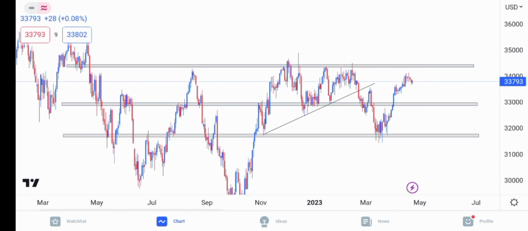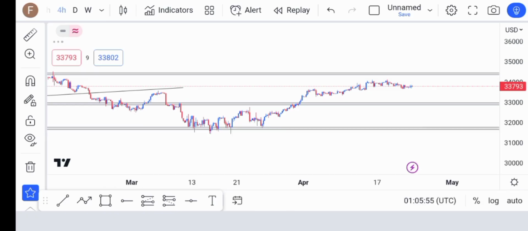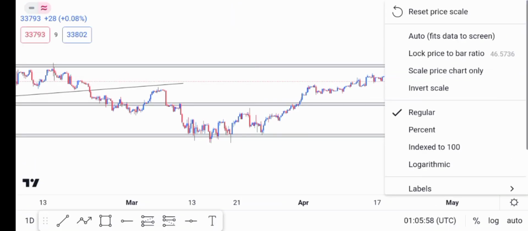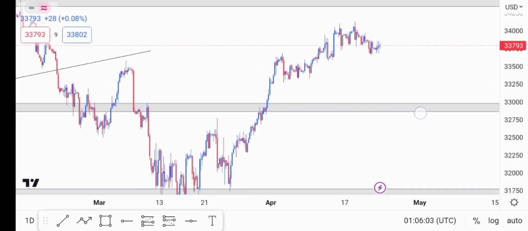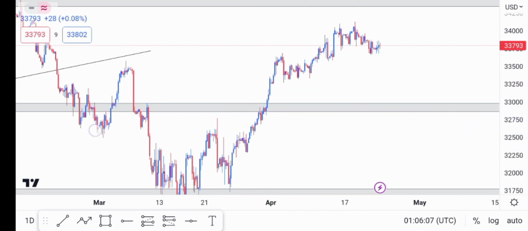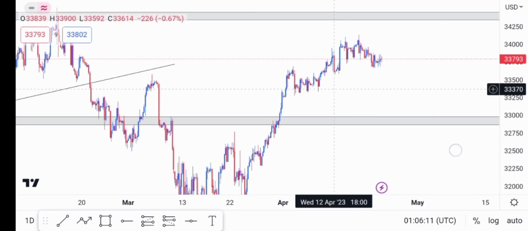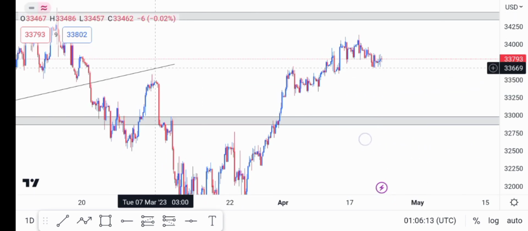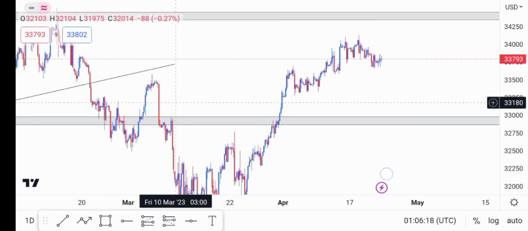Let us move to the 4-hour time frame of US30. If you look closely from here, we have been buying up until here. But if you look at this closely, we can see that the market did not touch this trend line over here to retest it, but it just did a pullback and went to the lower side.